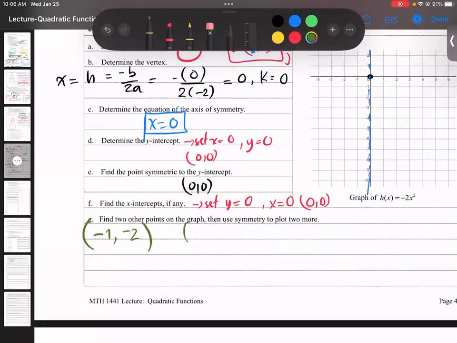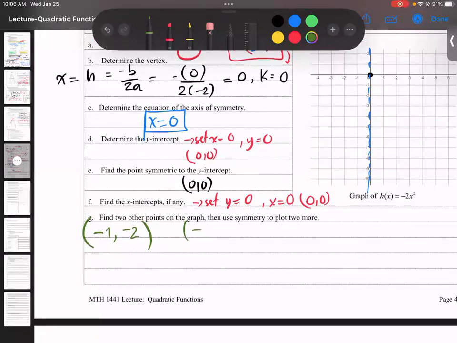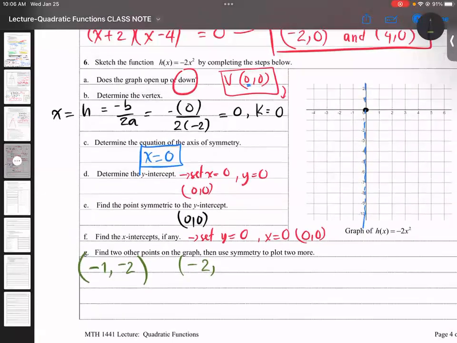How about x equals -2? -2 squared is 4, and 4 times -2 is -8. So -1, -2 and -2, -8. Then you can use the axis of symmetry to plot the right side. That, and that. And now you can graph.